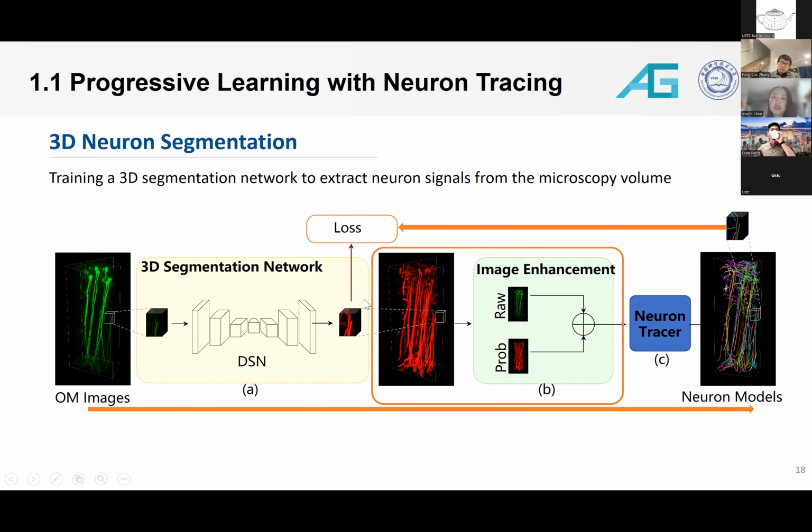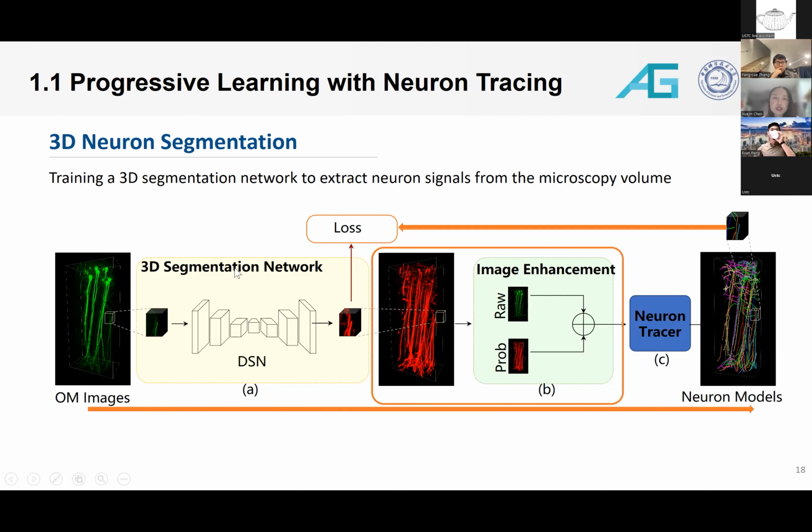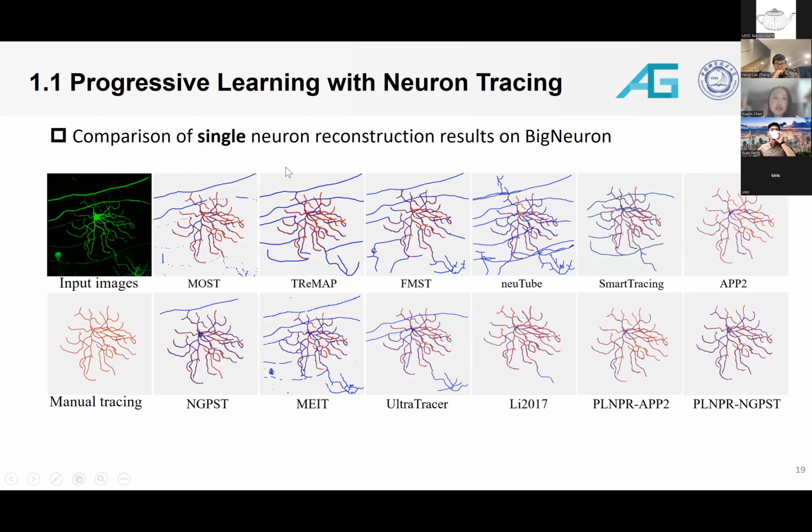We iteratively train our segmentation network and generate better reconstruction results. With this progressive learning framework, the segmentation network becomes more and more powerful. After 3 to 5 iterations, we can improve the segmentation network a lot.